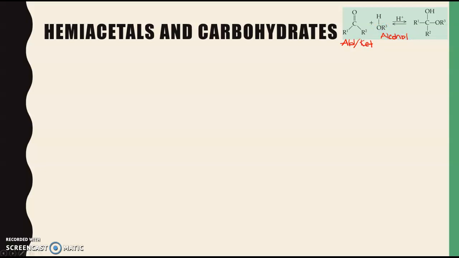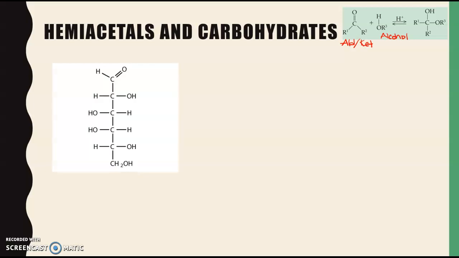Well, our carbohydrates, if we think of the simplest form of carbohydrates, which are our monosaccharides, our simplest sugars, for example, glucose. Now, if you've seen glucose before, you probably see it in the cyclic structure, because that's the one it's the most stable in solution, but it also will exist in this linear form as well.